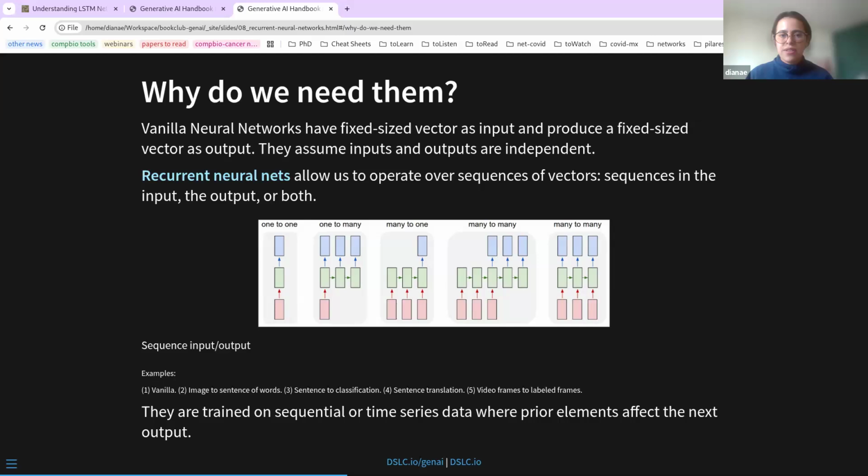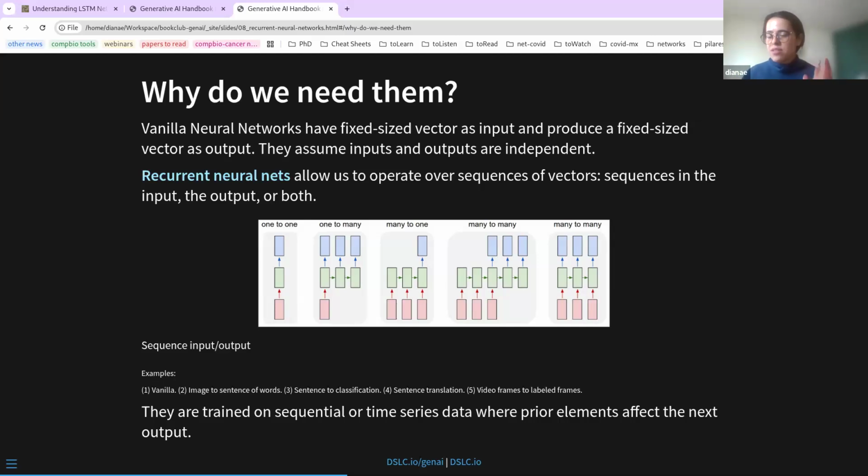So we're gonna do a quick recap on the recurrent neural networks. We saw that classic neural networks have a fixed size vector as an input and produce a fixed size vector as an output.